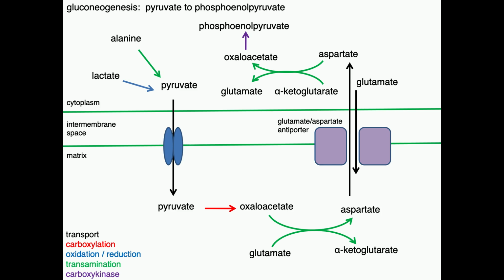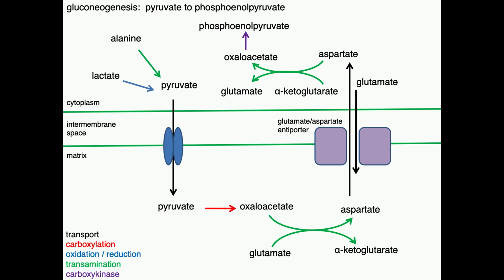And like most of the transaminases, these are using alpha-ketoglutarate as a universal amine acceptor and glutamate as a universal amine donor. So these are always around in the cell, ready to either accept an amine group or to donate an amine group in a transamination reaction.